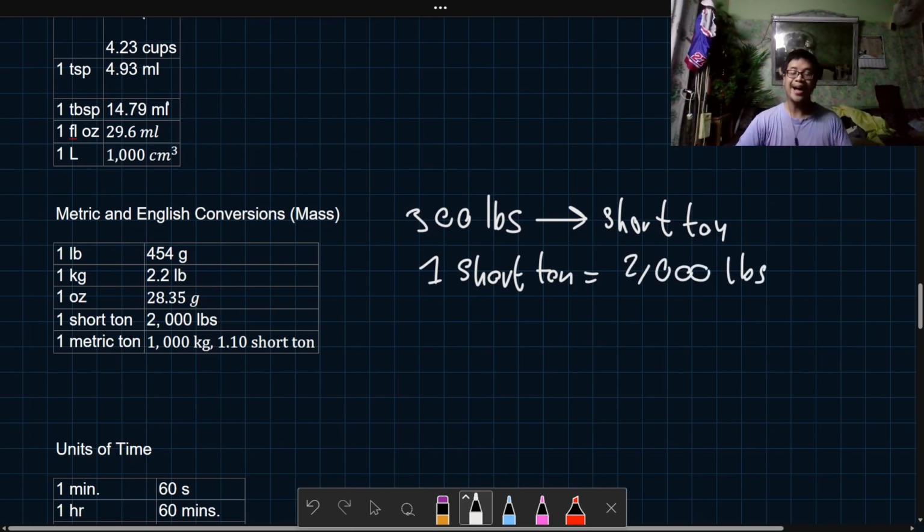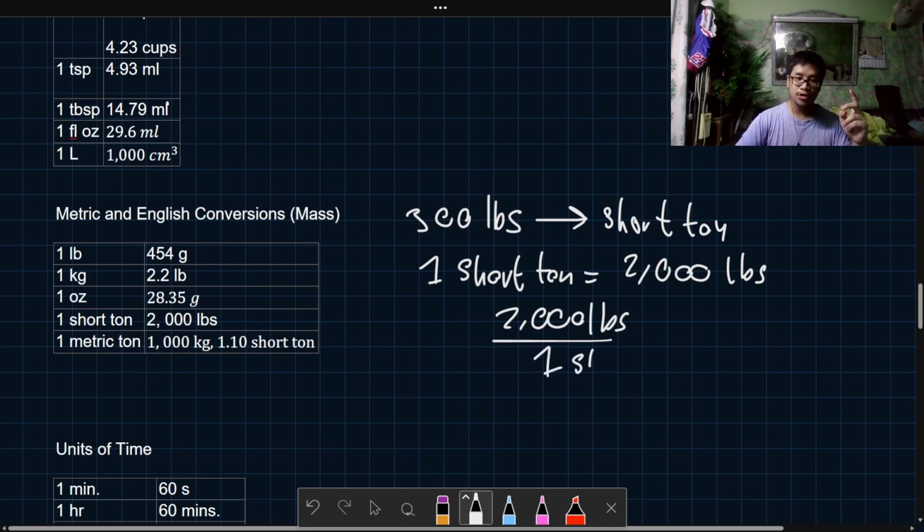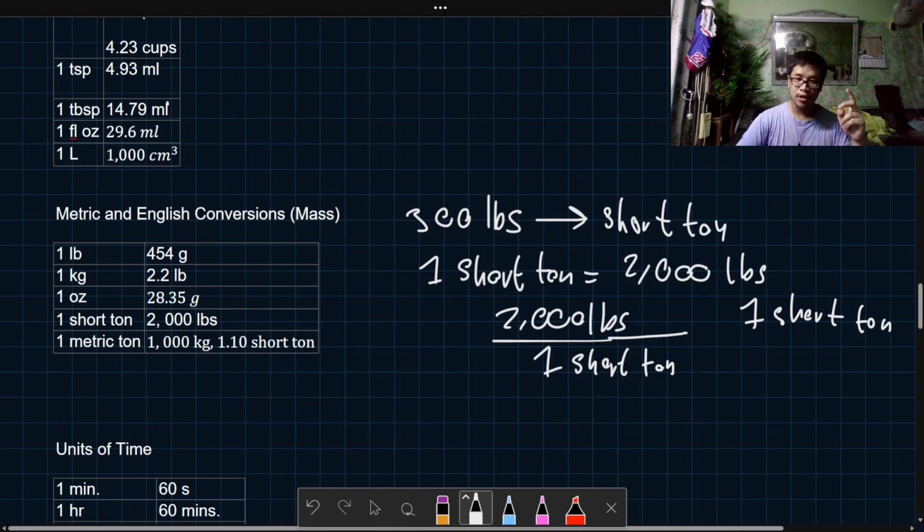Again, we're going to apply dimensional analysis. So you have two fractions: either 2,000 pounds all over one short ton, or one short ton all over 2,000 pounds.